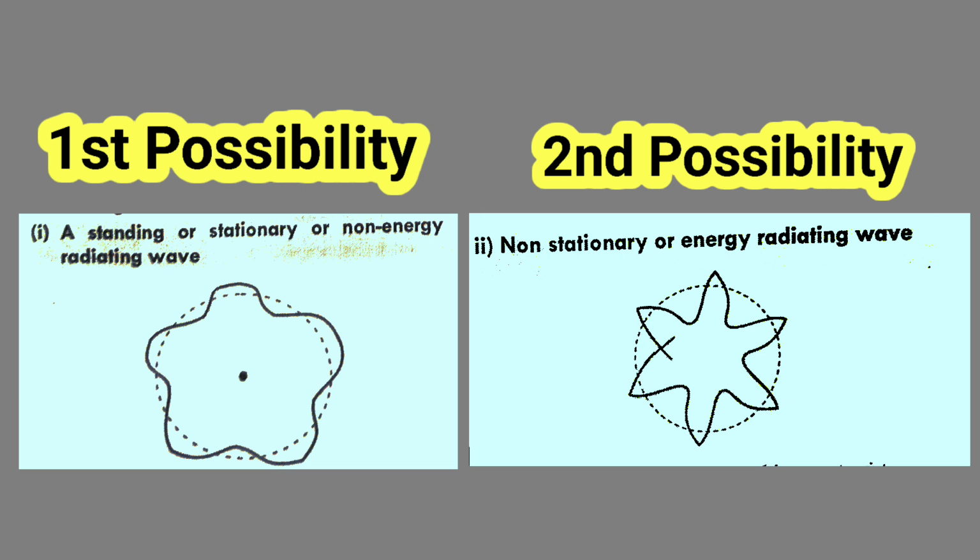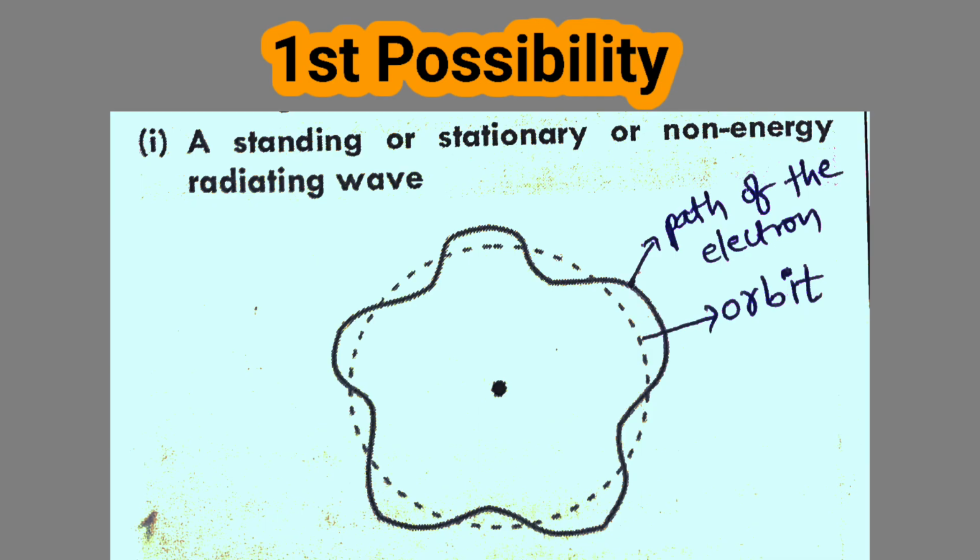Now first let me explain the first possibility, that is a standing or stationary or non-energy radiating wave. In this possibility, electron is revolving around the nucleus in a fixed energy shell like a wave.